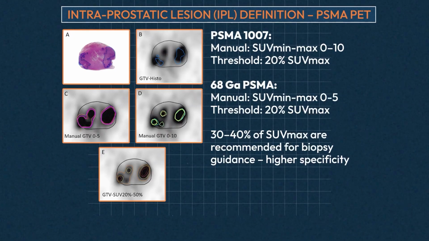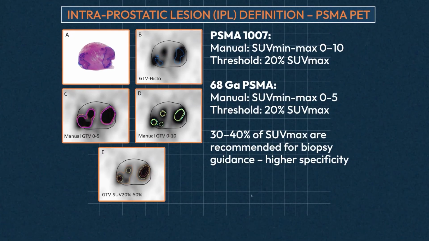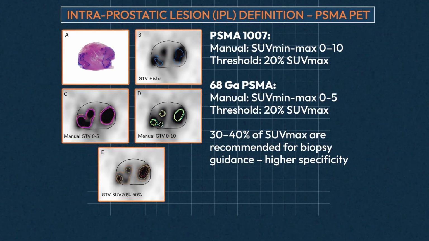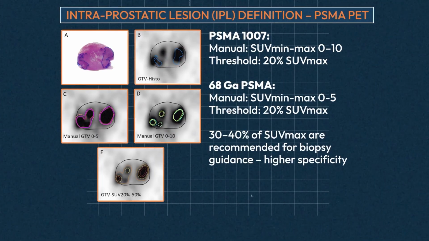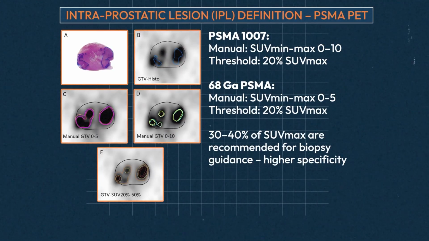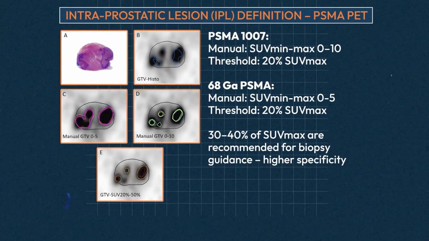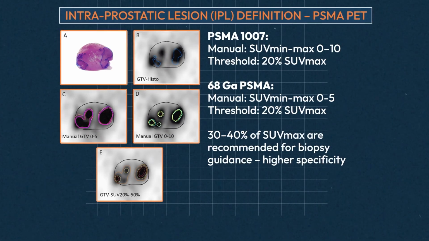Or you can use a thresholding technique where you can, within a volume, determine what the SUV max is, so the maximum uptake of the tracer, and then automatically delineate volumes based on a percentage of that SUV max.